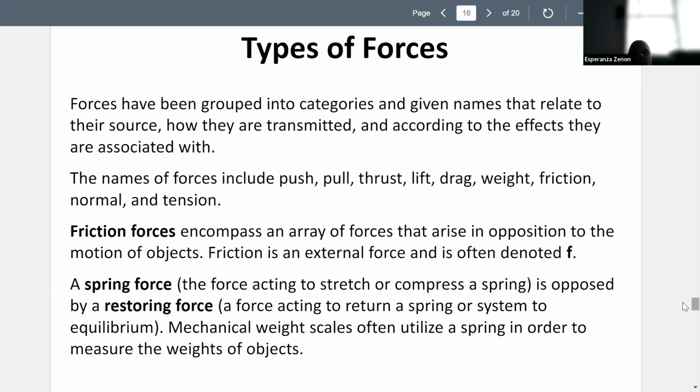When things are touching, the normal force is typically a way of balancing weight. And then tension. Tension is usually mentioned when we talk about ropes or cables or chains, those kinds of things. The tension in a rope, the tension in a piece of string.